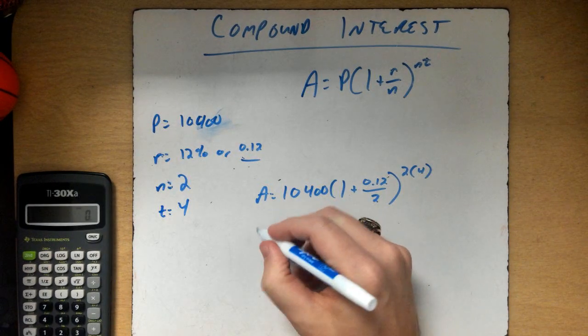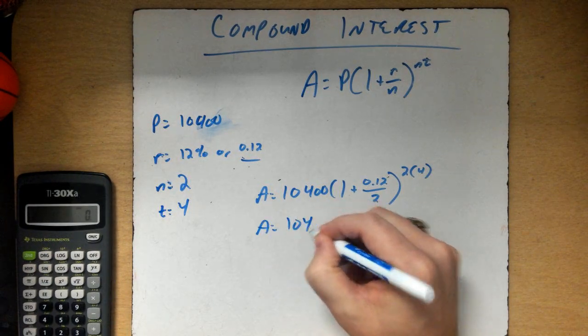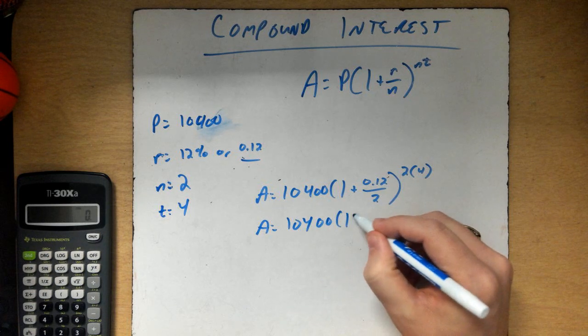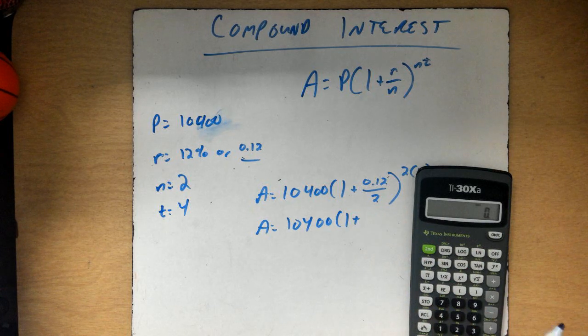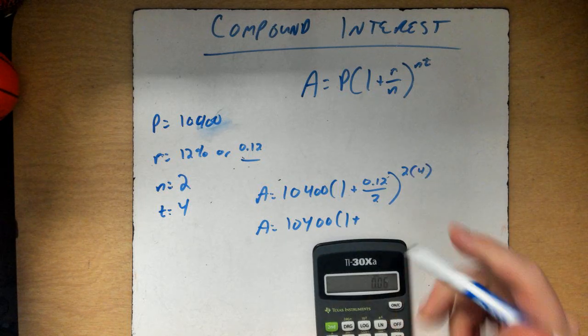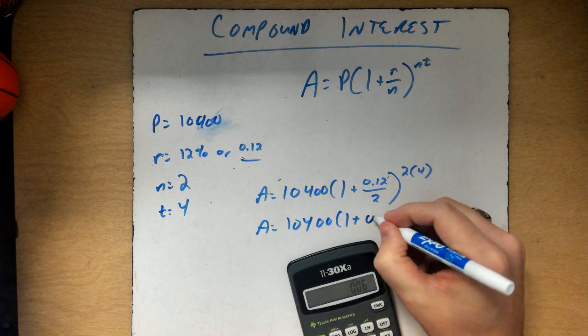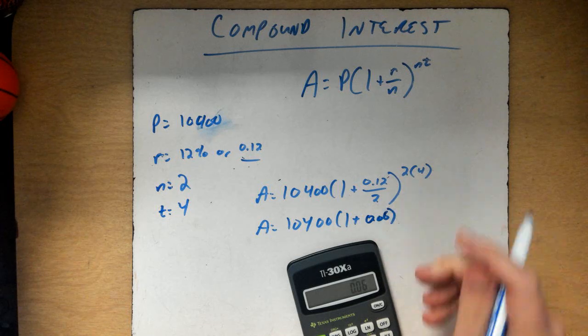So now we're going to bring down this part here. We do 1 plus. Now we're going to do .12 divided by 2 gives us 0.06. Look at that, another 0.06. All right.